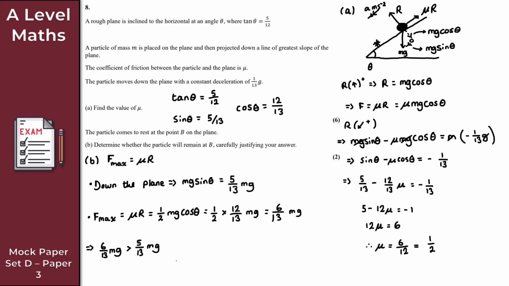To finish, let's give a quick conclusion, just to show the examiner that we actually understand what's going on, rather than just doing all of this work. So therefore, the friction is large enough to stop the particle moving down the plane, or sliding down the plane, whichever you prefer.